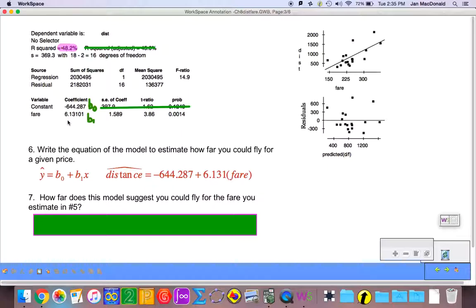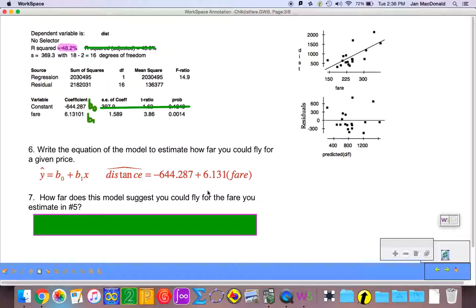And again, I got these numbers right from the computer output. The coefficient of the constant, which is just the constant itself, is negative 644.287, and the coefficient of the variable fare would be the slope of our line. So here is our regression equation. Yeehaw, that was pretty simple.